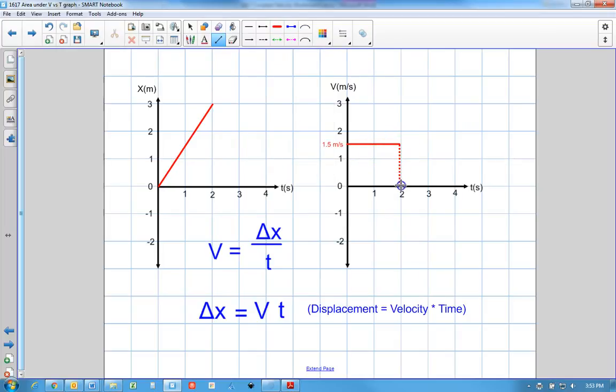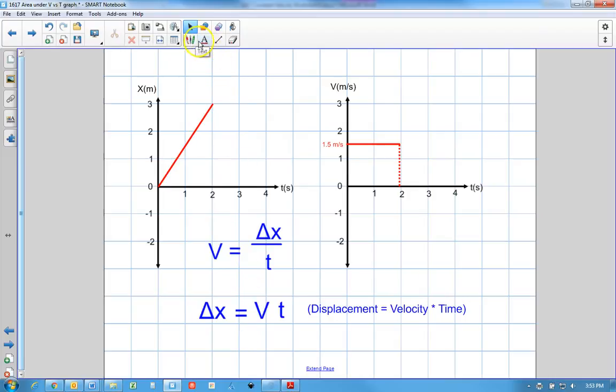If I draw this down to 2 seconds, this graph says that I'm going 1.5 meters per second for 2 seconds. Now for some of you it'll be obvious, you can just do that in your head, but if I plug in the 1.5 meters per second for my velocity and 2 seconds for my time, we'll see that your displacement is going to be 3 meters.